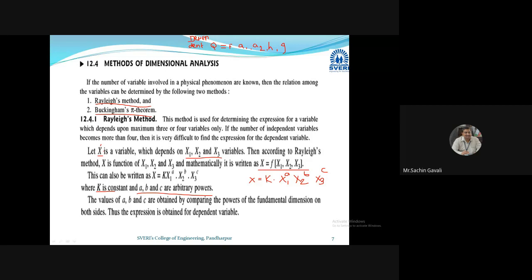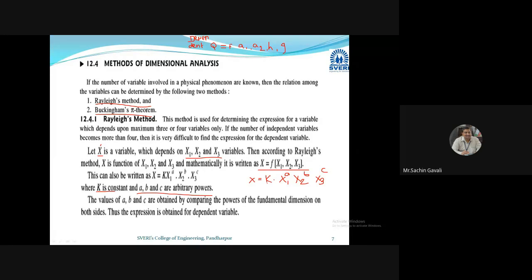Then write down. Let x be a variable which depends on variables x1, x2 and x3. According to Rayleigh's method, x is a function of x1, x2 and x3, and then we can write x is equal to k into x1 raised to a, x2 raised to b and x3 raised to c, where k is a constant and a, b, c are arbitrary powers.